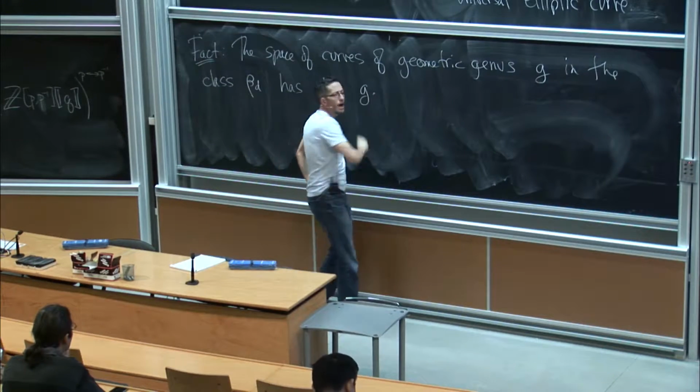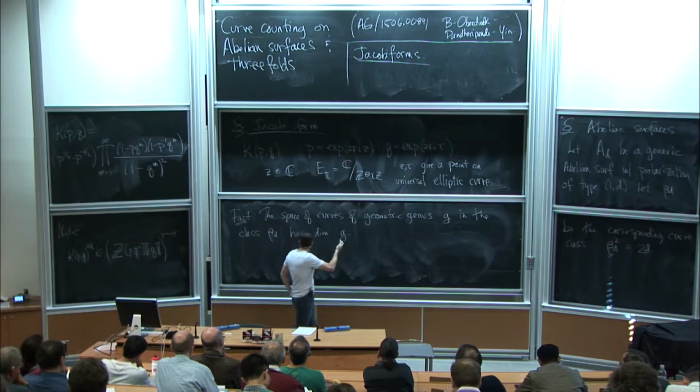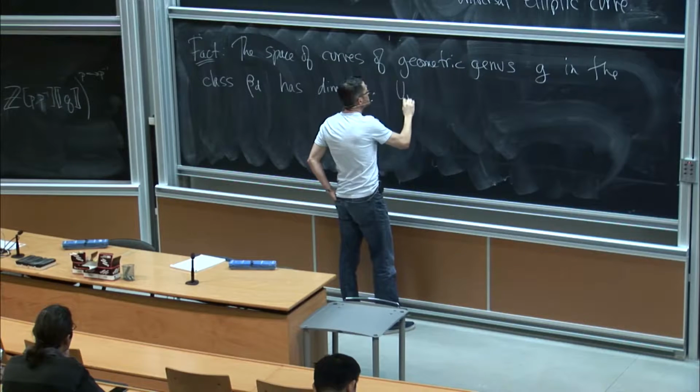The abelian surface is, of course, a group. We can translate it. So I'm interested in counting curves up to translation. I'll just call two curves equivalent if they're translates of each other. So up to translation.